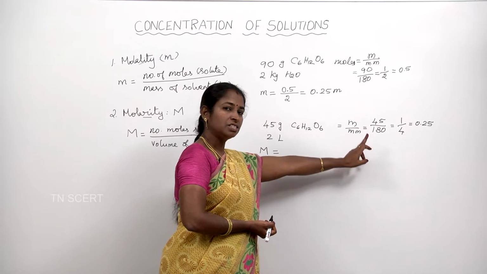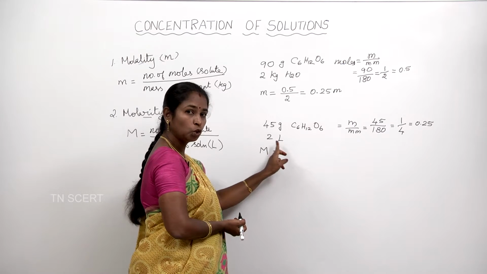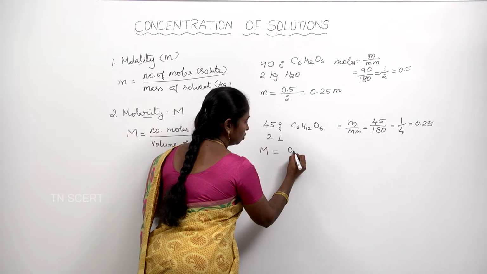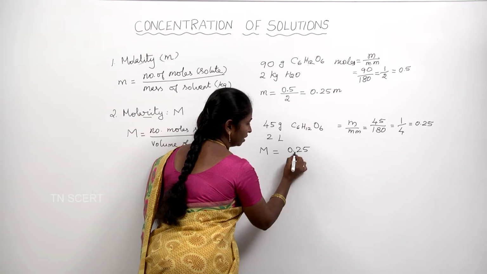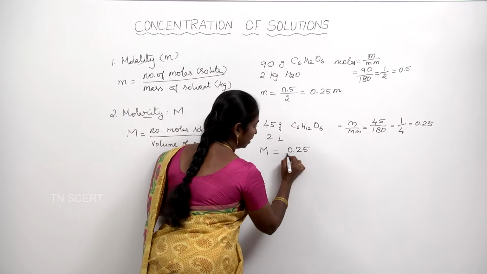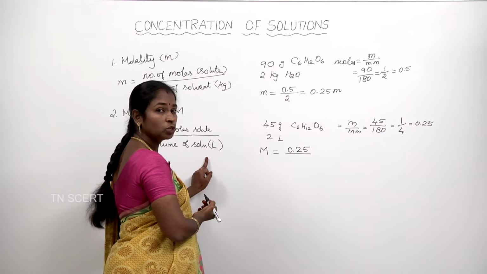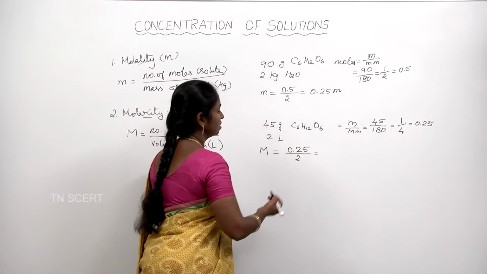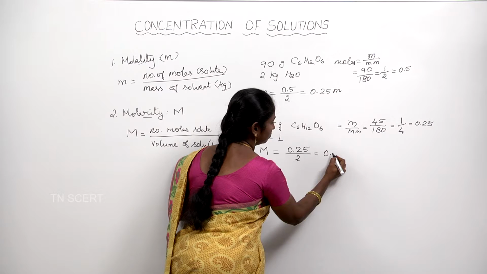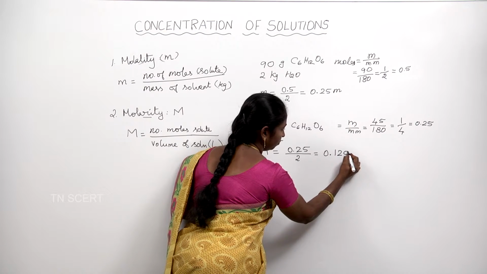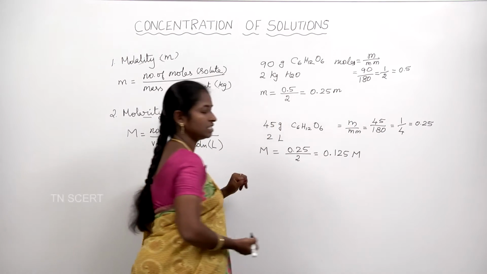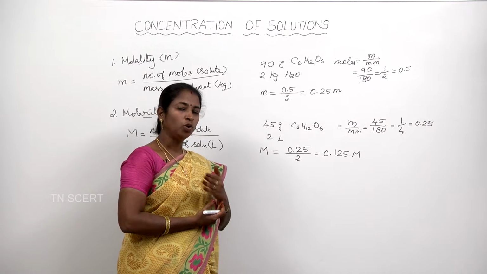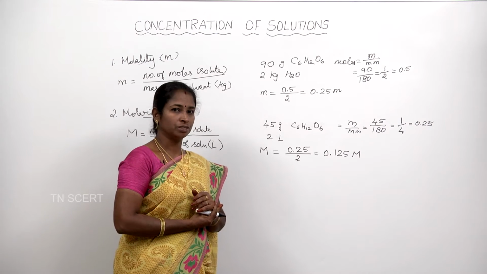The 0.25 moles are present in 2 liter of the solution. So, molarity is equal to 0.25, that is number of moles, divided by volume of solution in liter, that is 2, which is equal to 0.125 M. So, in this way we can calculate molarity of any given solution by knowing the molar mass of the solute, isn't it?